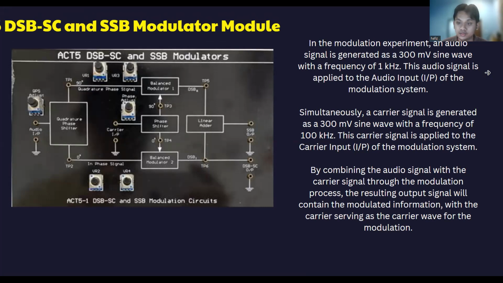Simultaneously, a carrier signal is generated as a 300 millivolt sine wave with a frequency of 100 kHz. This carrier signal is applied to the carrier input of the modulation system. By combining the audio signal with the carrier signal through the modulation process, the resulting output signal will contain modulated information, with the carrier serving as the carrier wave for the modulation.